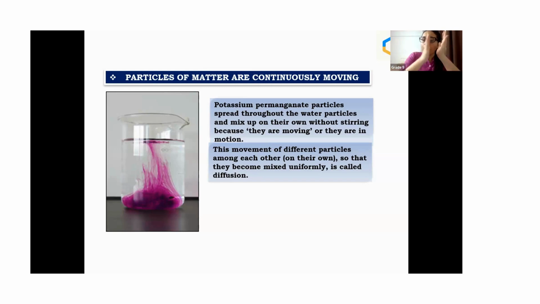Diffusion is the passing on or transferring of material or matter from higher concentration to lower concentration, up till when both the locations are in equilibrium. Equilibrium is the goal. The higher concentration and lower concentration must become equal, the same as in the ink and the potassium permanganate example.